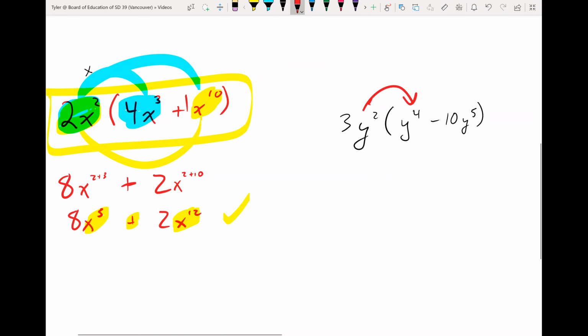So this times this, and then this times this. So this one becomes 3y squared times y to the 4, which is going to give me y to the 6 because I add them together. Then this one's going to give negative 30y to the 7. That's it. That's how we do the exponents.